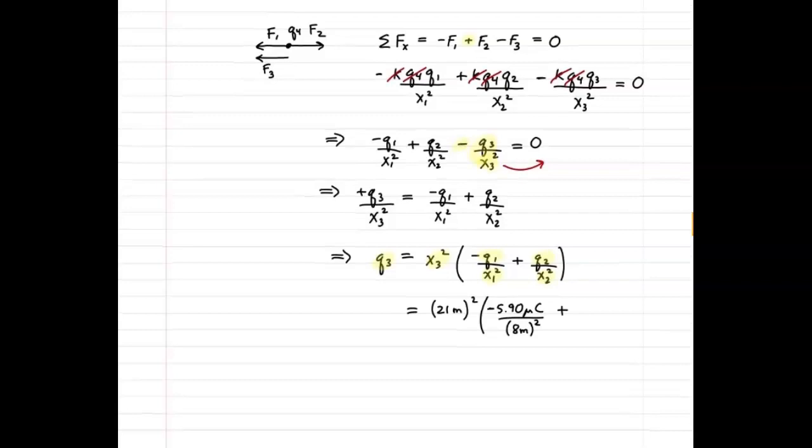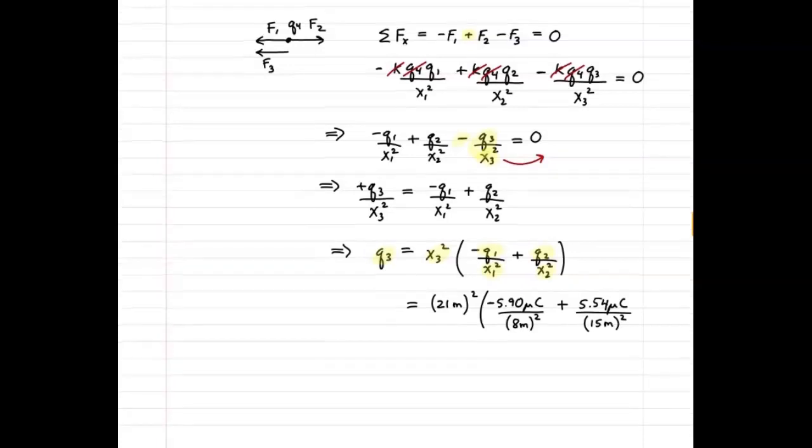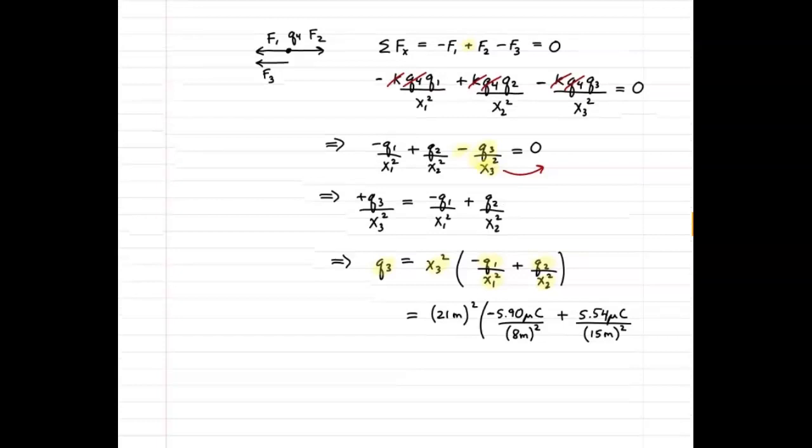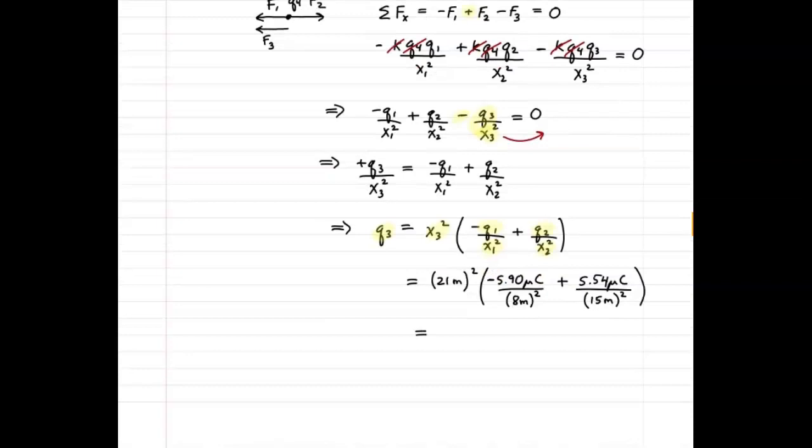And then we have a plus. Q2 is 5.54 microcoulombs over X2, 15 meters. Don't forget that you have to square the whole quantity and not just the meters. You have to square the meters as well, not just 15. And close parentheses. So now you can take a calculator and actually do it.